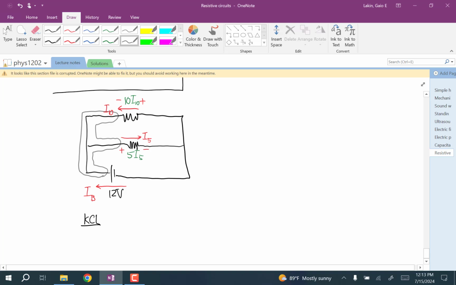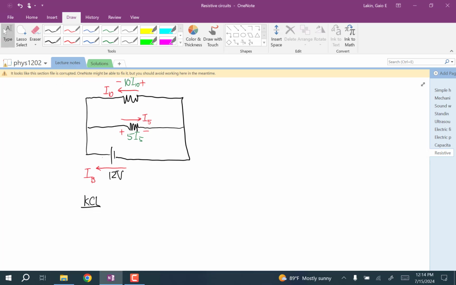And then this is wrong, but we're still going to assume that I10 is going into the node. Okay, and that's how I'm going to put it in my equation. So we have 2 going into the node. We have IB plus I10, and those are equal to I5.